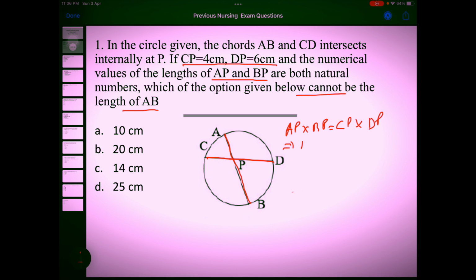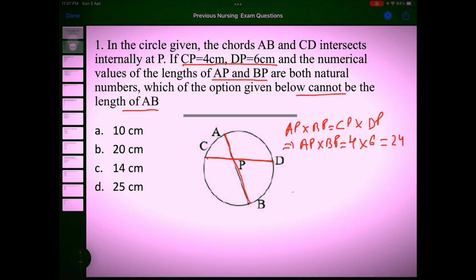So from here we can substitute the values. AP multiplied by BP is equal to CP, which is given as 4 cm, multiplied by DP, which is given as 6 cm. So 4 into 6 equals 24.